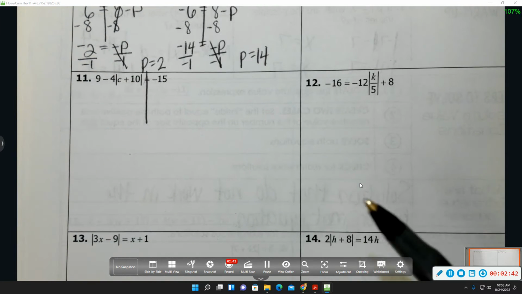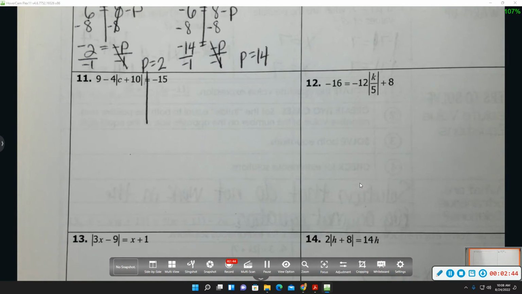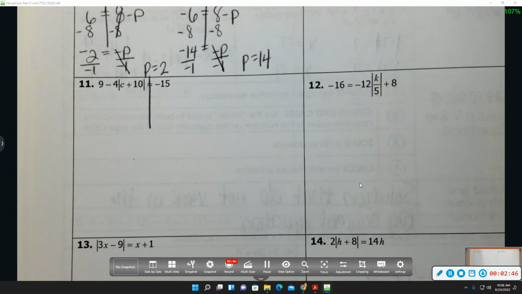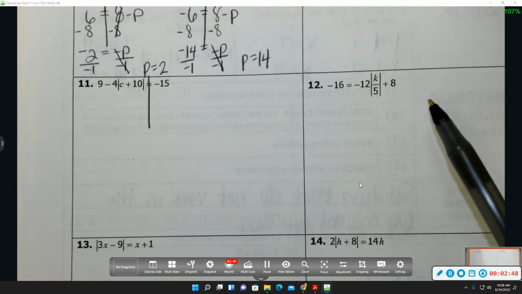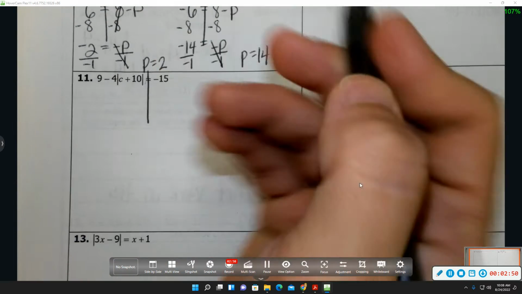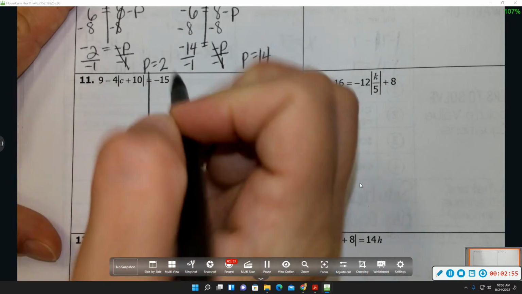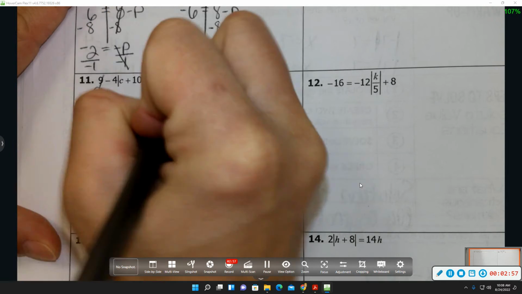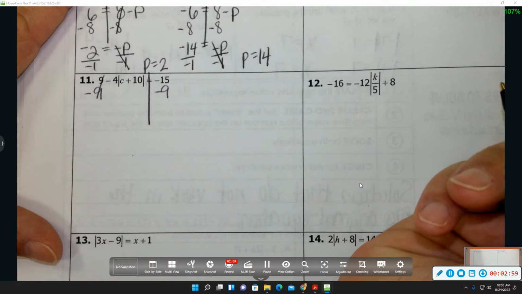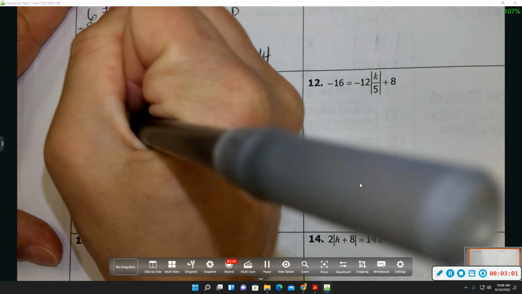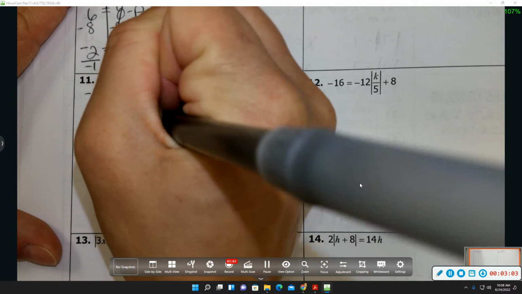So you always undo the easiest thing first. Adding and subtracting is easier than multiplying and dividing. So instead of going ahead and subtracting these, you're going to want to get rid of that 9 first by subtracting it, because now what you have is negative 4 up next to the absolute value.